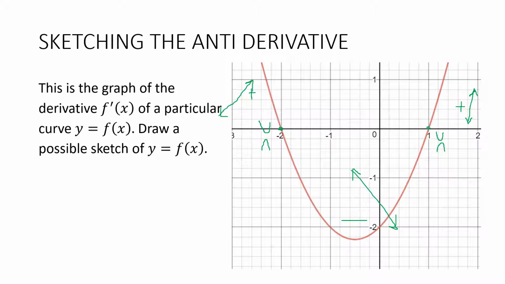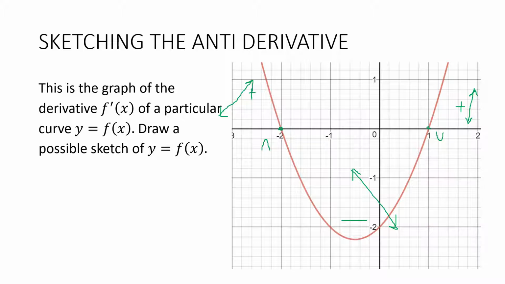So I've got some sort of increasing curve here going up to either a minimum or a maximum. It has to go up to a maximum, doesn't it? So let's get rid of that minimum. So it's going up, it's going to turn around, and then it's going to go down until it gets to here, and then it's going to turn around. It's going to be a minimum here. Let's get rid of that guy, and then it's going to go up again.